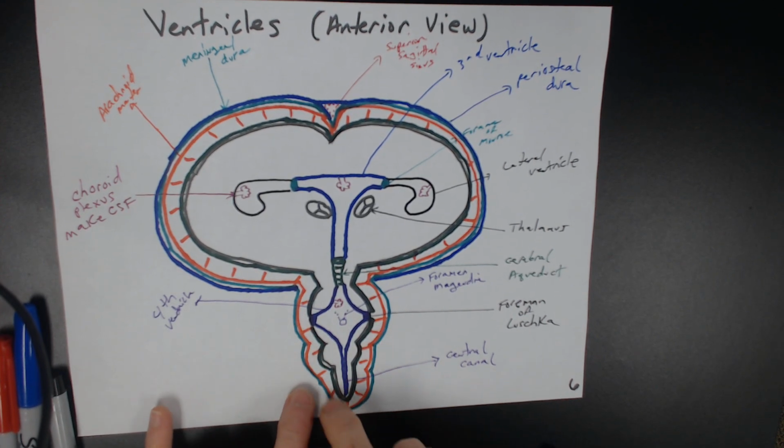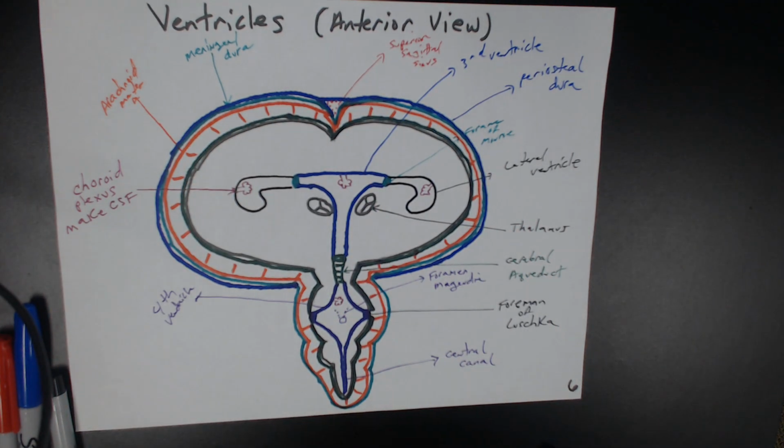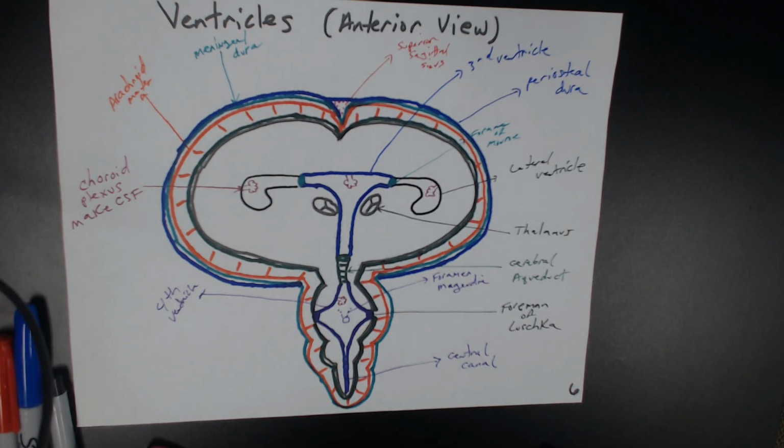Okay, once it gets into the subarachnoid space, it fills the entire thing up and actually drains into the superior sagittal sinus. So that CSF is continually being replaced. Okay.